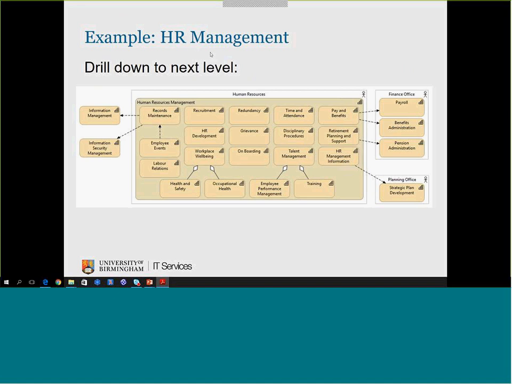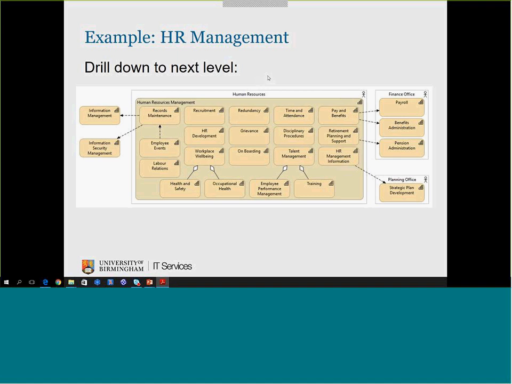If we drill down to the next level, this diagram is the result of a detailed study of human resources. And here are the ones that emerged during the analysis of HR.